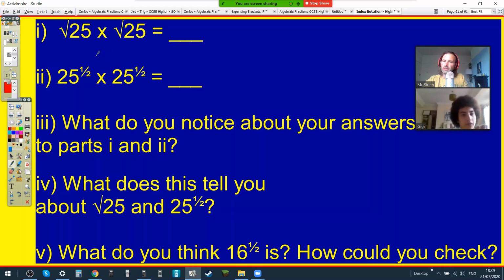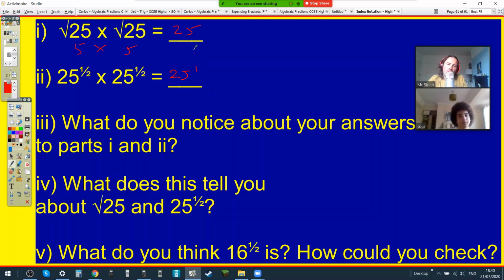Oh, 5. 5 times 5 is 25. 25 to the power of a half times 25 to the power of a half. What is a half plus a half? Oh, 1. So it's like 25 to the 1.